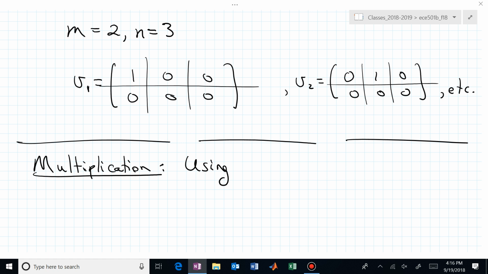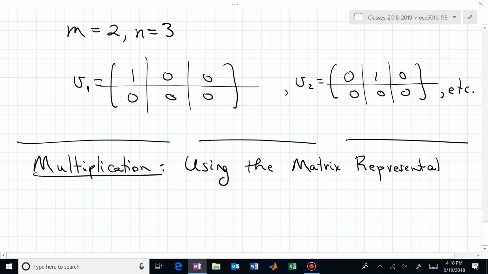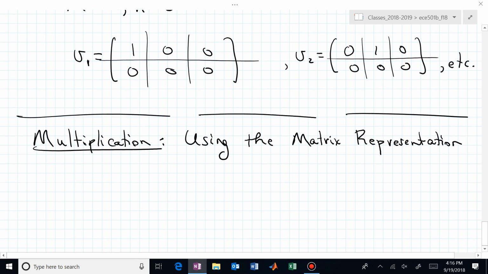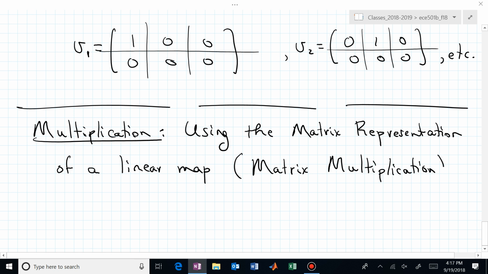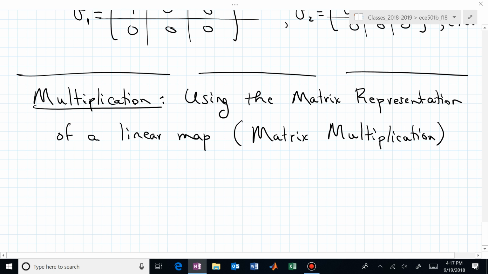So using the matrix representation of a linear map, let's see what that leads us to. So this is now matrix multiplication, in contrast to the scalar multiplication.